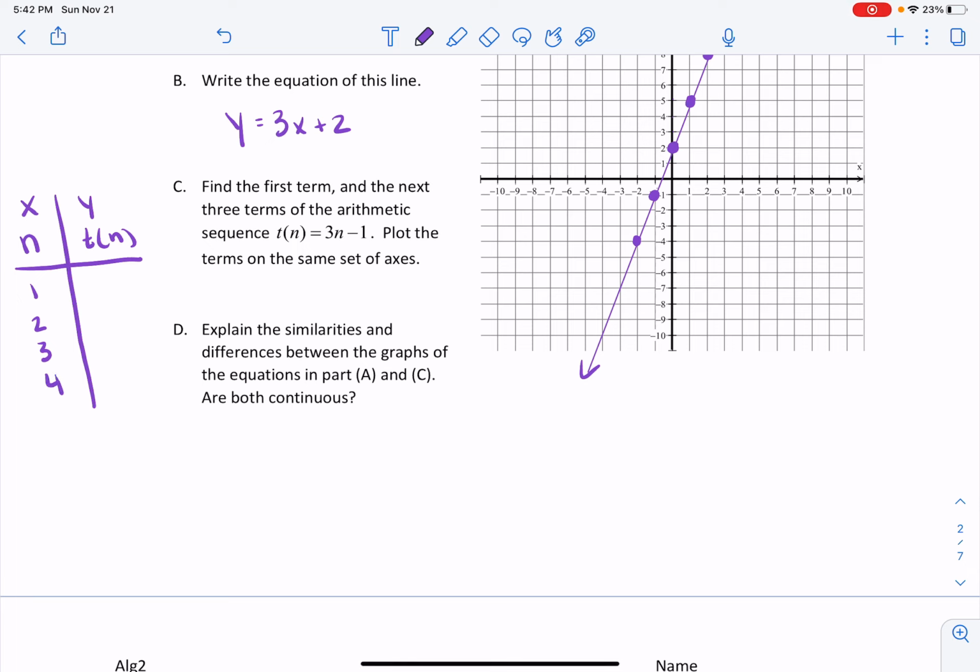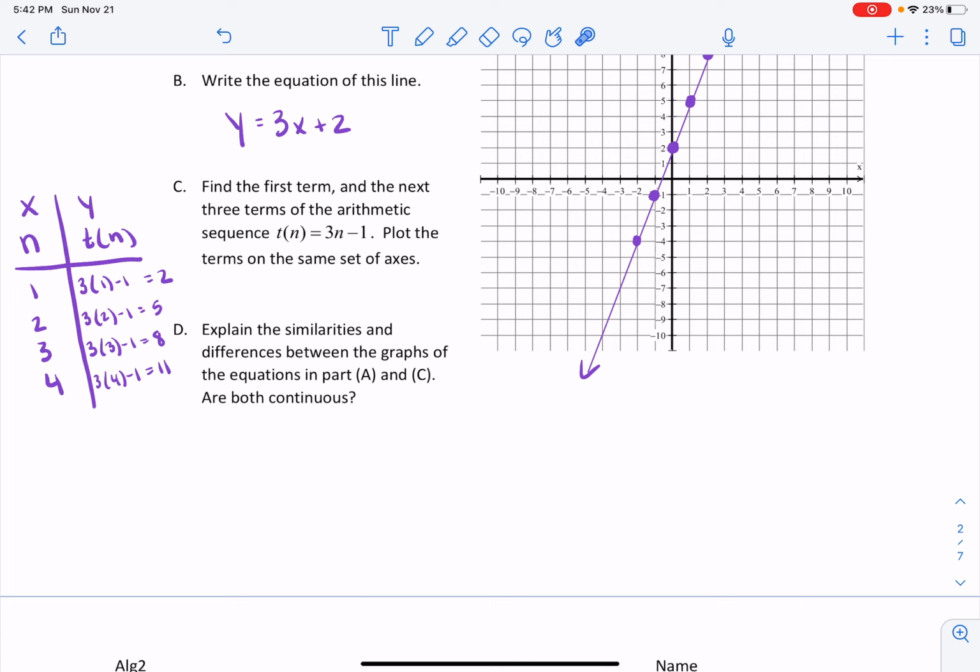So we can take 3 times 1 minus 1, so that gives us 2. Then we got 3 times 2 minus 1, which equals 5. 3 times 3 minus 1, which is 8. And 3 times 4 minus 1, which is 11.